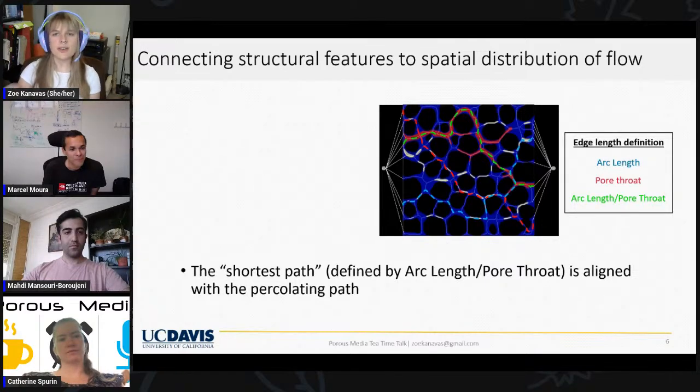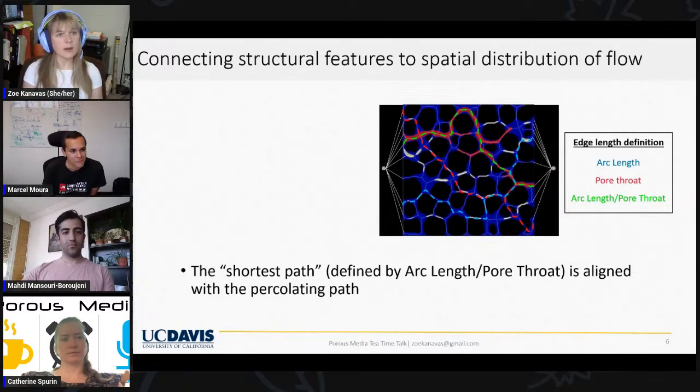So in this first project that I was talking about, we were trying to find the quantitative link between the structure and flow. We tested a total of 15 different combinations of structural features, and all of those different edge length definitions against a data set of around 3,600 samples.